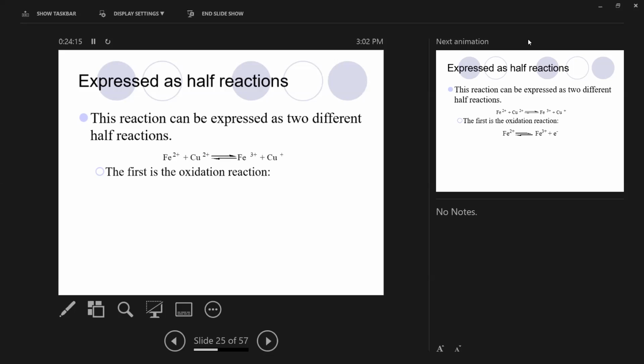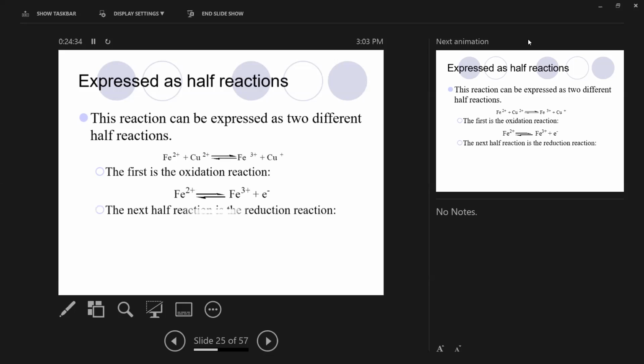Okay, did you get it? Should look something like that. Iron 2 goes to iron 3. Well, if it's iron 3, then there's an electron that is missing, so you have to put it over here. With oxidation, your electron will be on the other side.